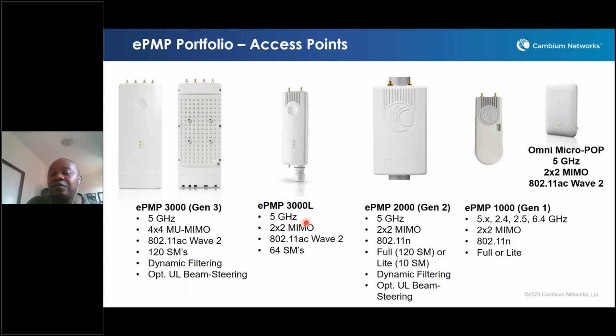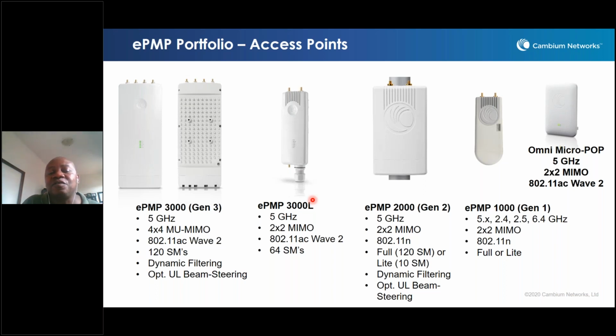We have the L, which stands for low density sectors. This is something that you would deploy outside your CBD, so maybe 15, 20 kilometers outside your CBD, which is theoretically less interfered with.